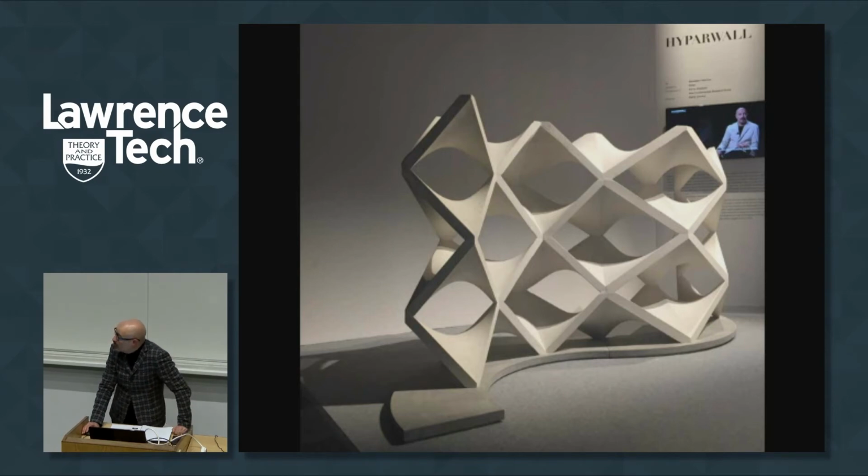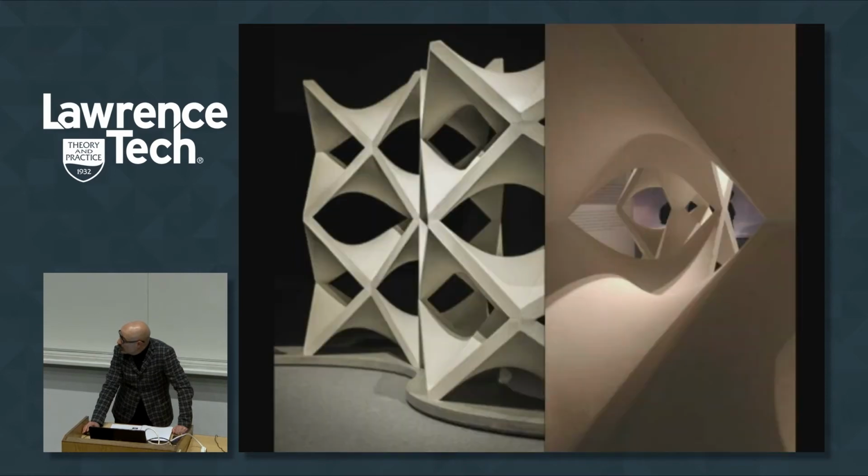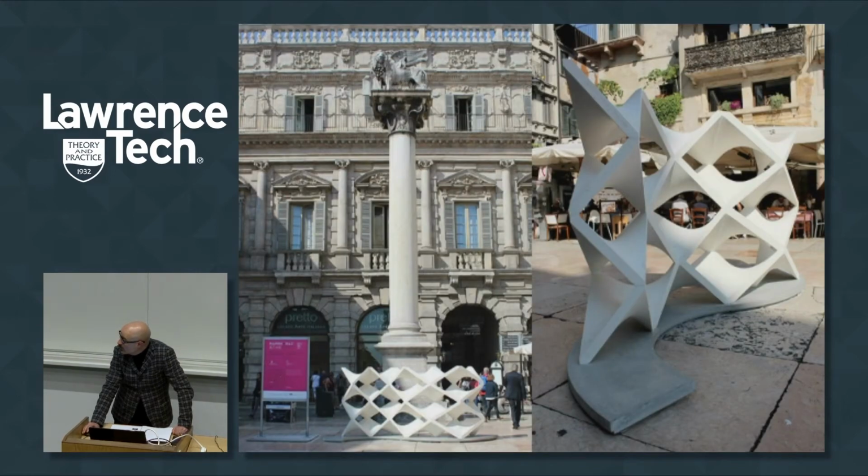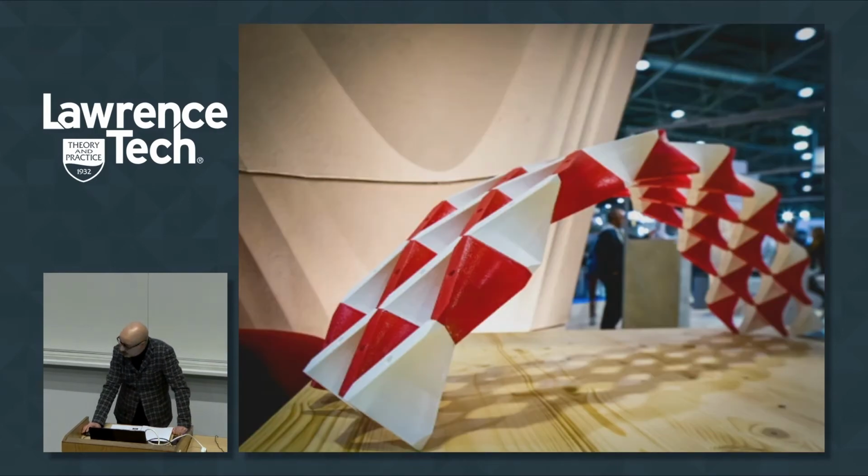Here we are in Verona, in Italy, at the Marmomac, for the exposition. The first year was inside the exposition room of the Marmomac, and this year was outside. I prefer the installation outside, obviously.